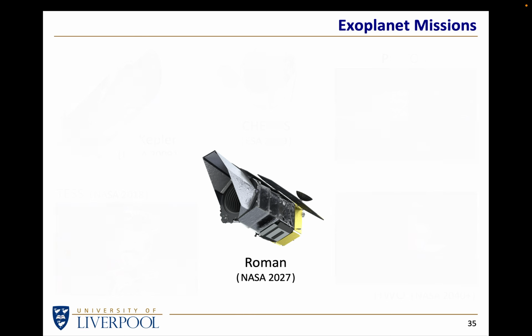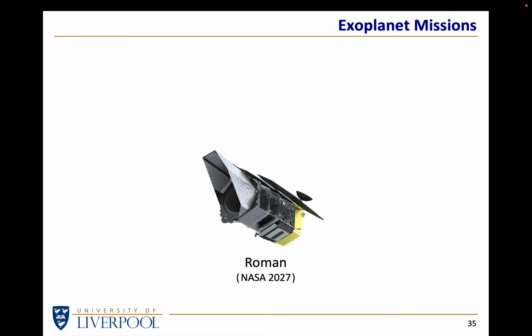The Roman Space Telescope, named after Nancy Grace Roman, is actually quite an interesting one because part of its mission is to do what we've done before, which is take an occulting disk, a tiny disk inside the telescope, to block the light of the star and see if you can see any planets. That has the disadvantage that the really bright light from the star has already entered the telescope if you try and do it that way.